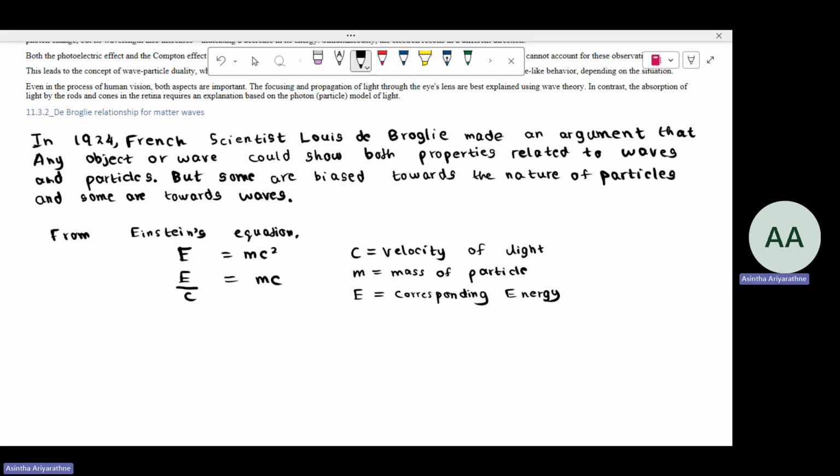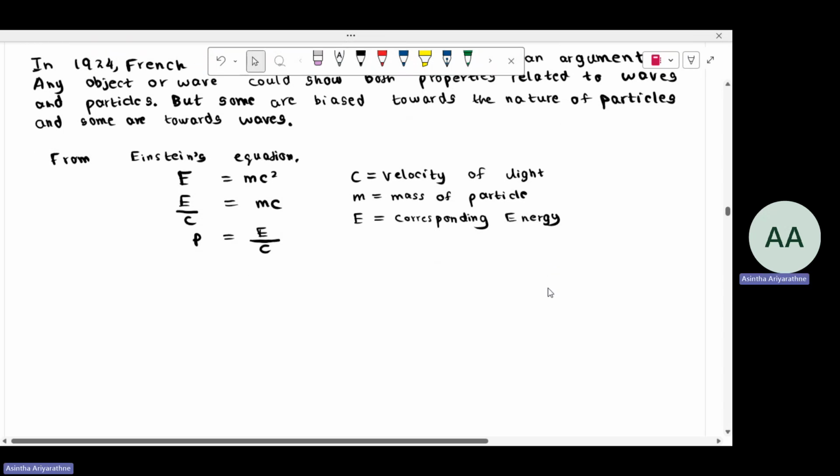And so mc is m into c; mass into velocity is the momentum of the particle. So p is equal to E over c.